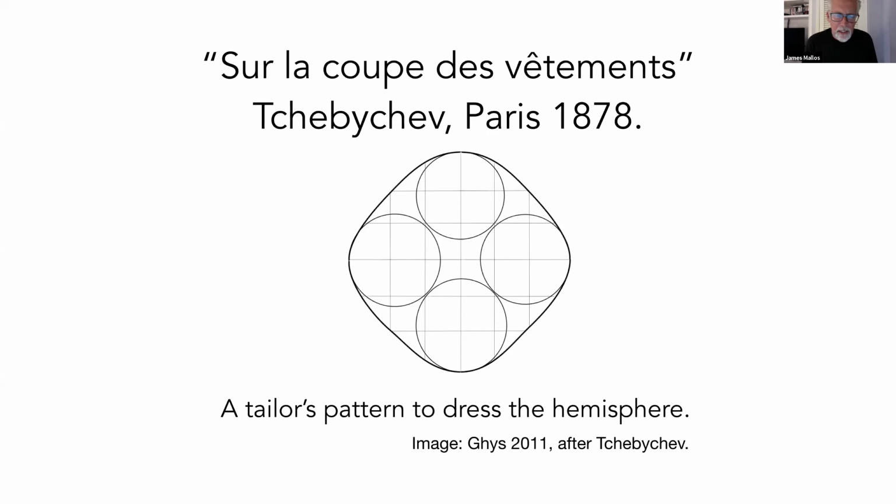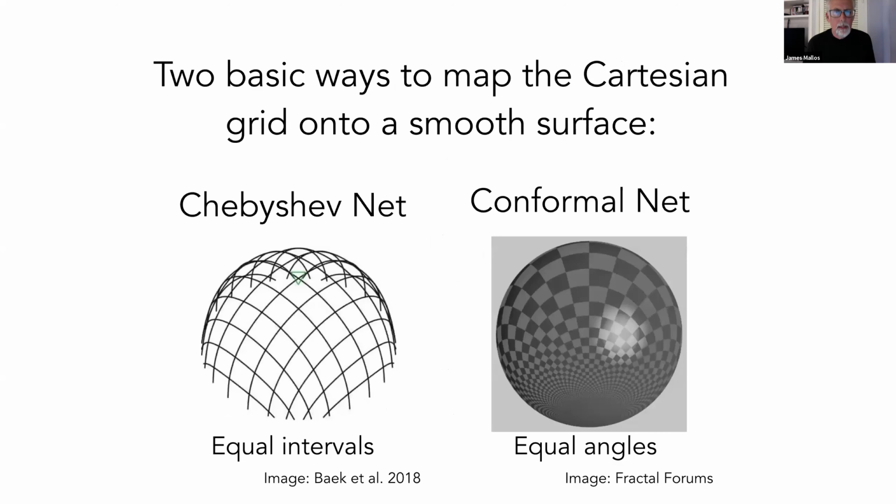He surprised everyone with an informal proof that you can dress the hemisphere with just an ordinary tablecloth that's been cut according to the grain of the fabric into this sort of rounded square, and it would actually drape onto the sphere without any wrinkles or folds.